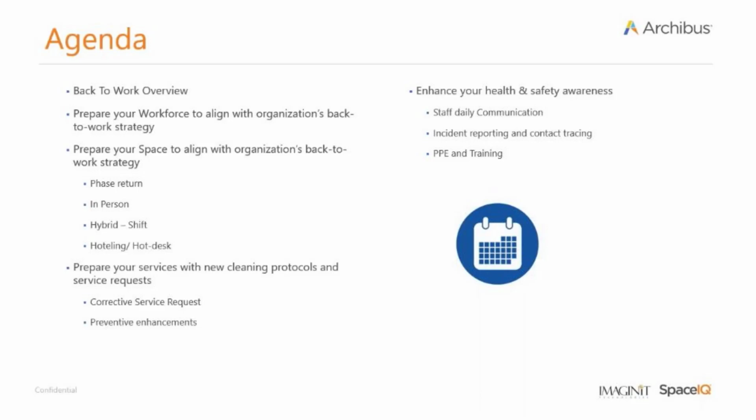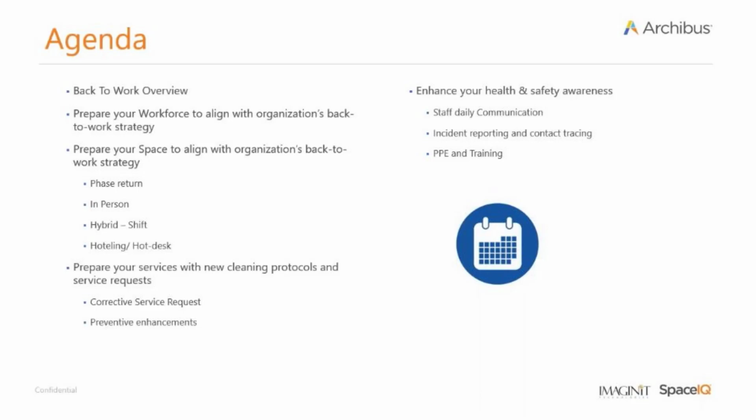So we talked a little bit about preparing your workforce, right? Who are the individuals, what are their parameters? How do I prepare the space for them to come back to work? There are many different strategies that you can employ. Archibus can help you do that by modeling those strategies directly in our system. There are specific services that you can activate to help you keep the location, the site, the building cleaner, and also report different activities that need to be addressed immediately.